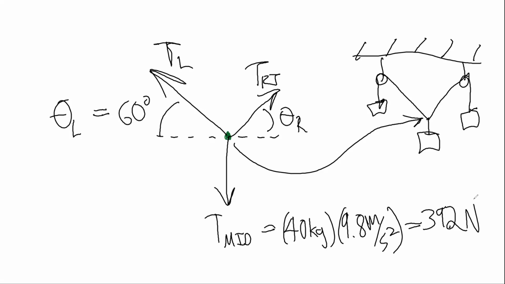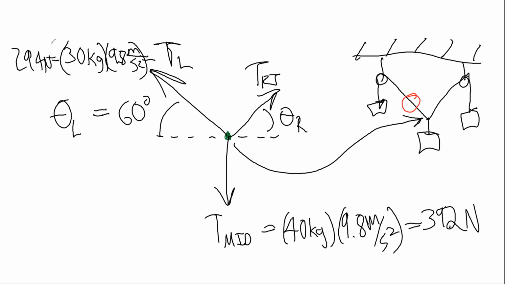What's TL? It's the tension in this rope. Right? What's TL? Okay, and that was what, like 30 kilograms times 9.8? Yeah. Sorry, could you say the weight again, please? 294. 294 newtons. Great. Thank you.